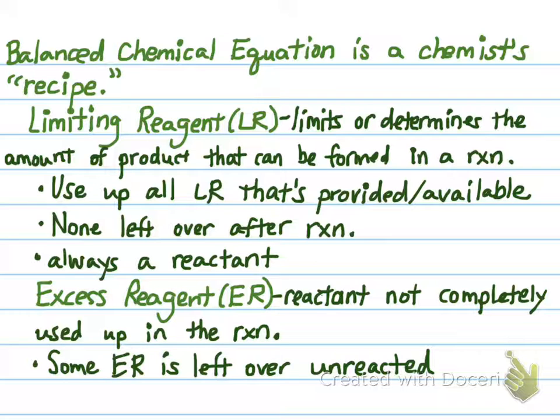When we talked about cookies, if we were short of eggs, what our recipe called for, our eggs are our limiting reagent. That means everything else that we need in that recipe, we have plenty of, and some of it will be left over even after we use what we need. So, limiting reagent and excess reagent are always reactants. Typically most of your problems are just going to have two reactants, and so you'll identify one as the limiting reagent and one as the excess reagent.